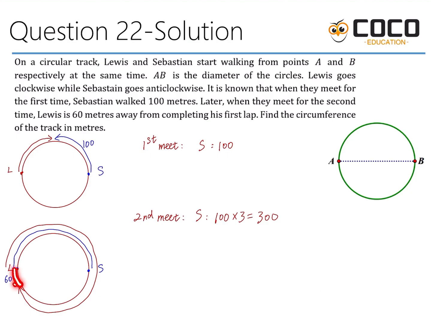So it means that this extra distance is 60. Then we find out that for the semicircle, it goes to 300 minus 60. So that's 240. Find the circumference. Circumference will be 2 times the semicircle. So 240 times 2, 480.